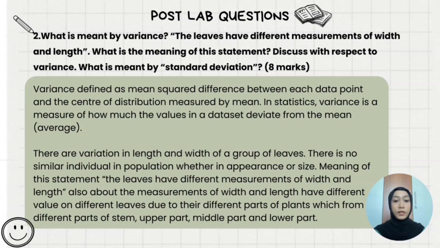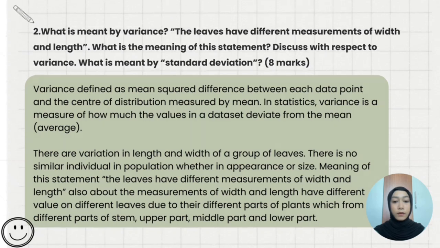There are variations in length and width of a group of leaves. There is no similar individual in a population, whether in appearance or size. Meaning of these statements, the leaves have different measurements of width and length. Also, the measurements of width and length have different values on different leaves because they are from different parts of plants, from different parts of stems: upper part, middle part, and lower part.